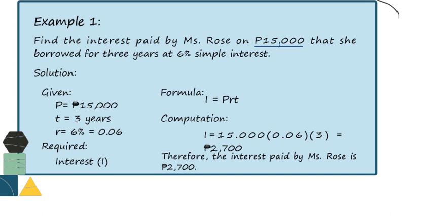Find the interest paid by Miss Rose on 15,000 that she borrowed. So basically, yung 15,000 here is the amount borrowed. And then if we try to go back to the definition of terms, yung amount borrowed or invested is basically our P, which is our principal. So therefore, 15,000 here is our principal or P.